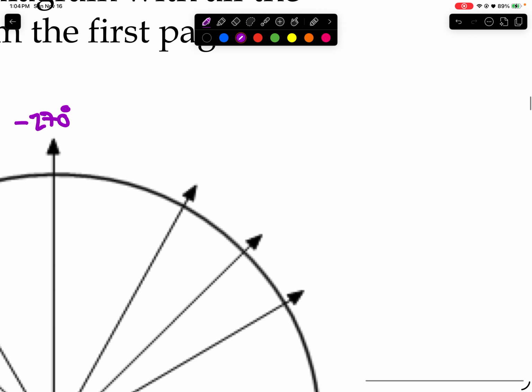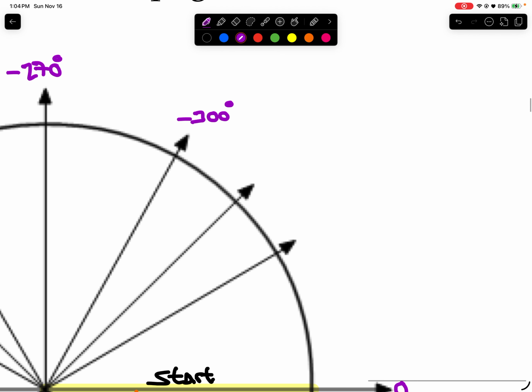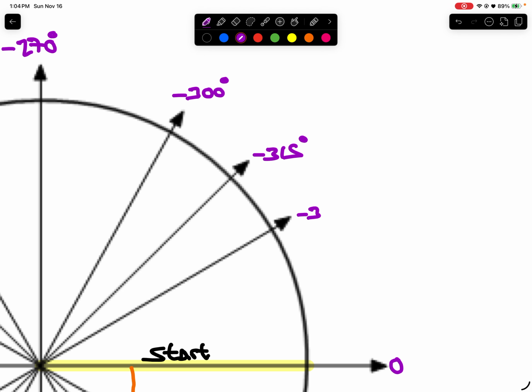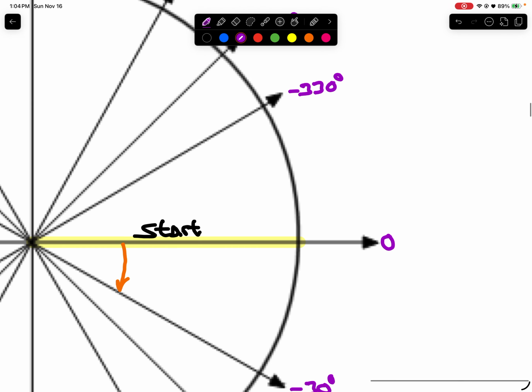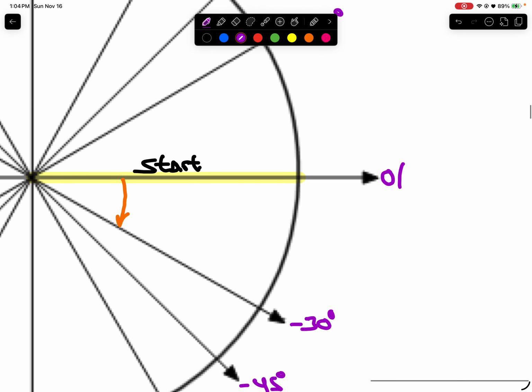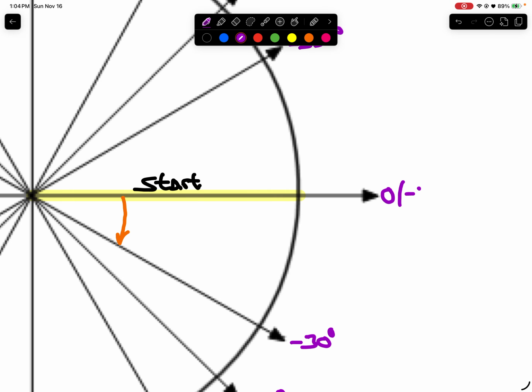Then we have negative 300 degrees as we venture into quadrant 1, and then negative 315 degrees, negative 330 degrees, and then that's going to venture all the way to one rotation, one revolution, which is negative 360 degrees.